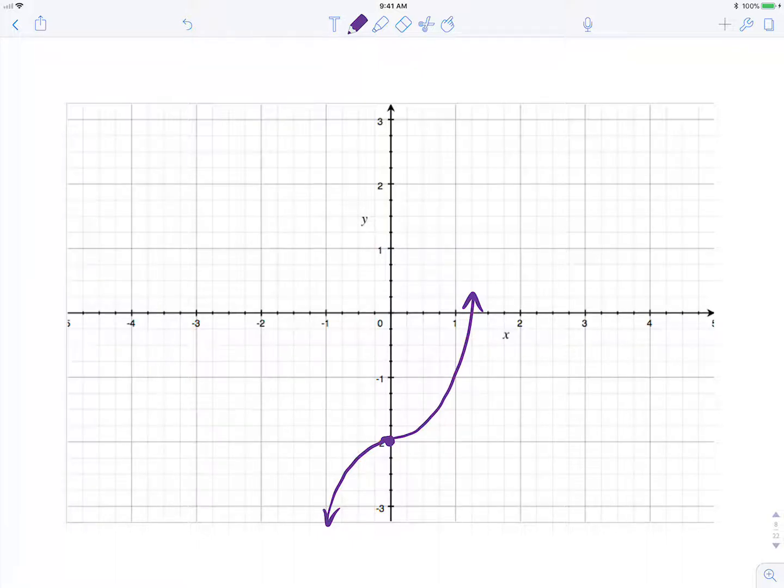Or an x directly to the right of x equals 0, like 0.0001, would have a y value that is slightly greater than the y value at x equals 0. So it's still increasing.